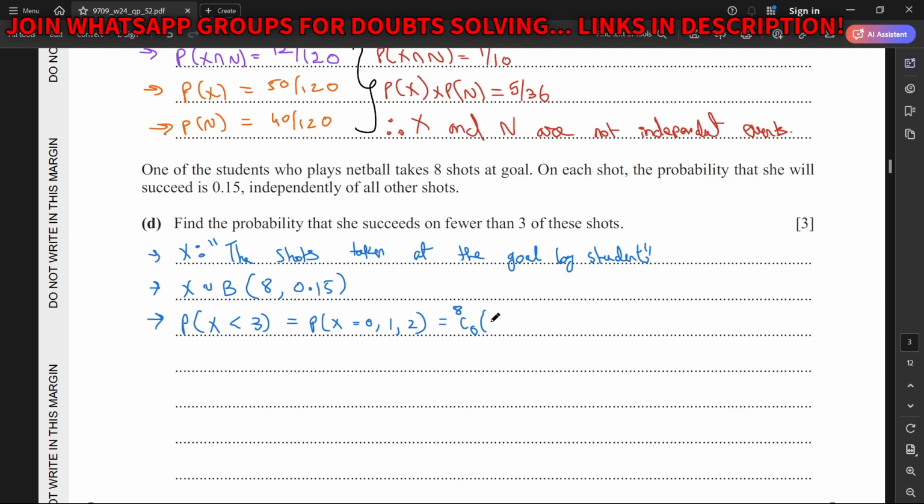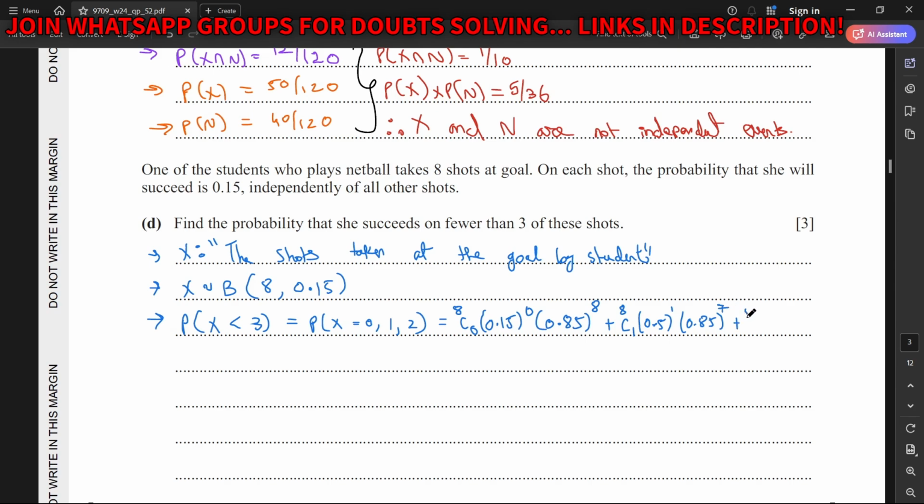According to the formula of binomial distribution, it is going to become nCr, so 8C0 into P to the power of 0, where P is 0.15, so 0.15 to the power of 0, times Q, which is the probability of failure. So 1 minus 0.15 is 0.85. So 0.85 to the power of n minus r, so 8 minus 0 will be 8, plus 8C1 into 0.15 to the power of 1 into 0.85 to the power of 8 minus 1, which is 7.